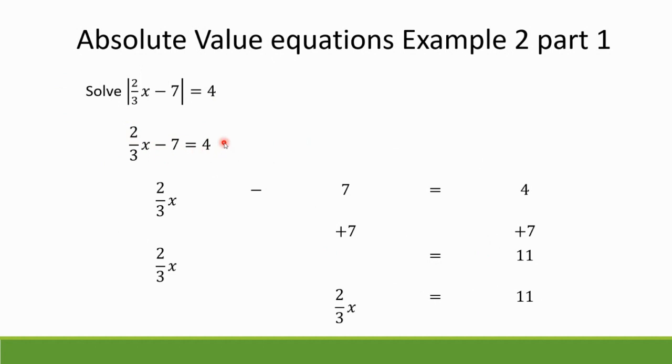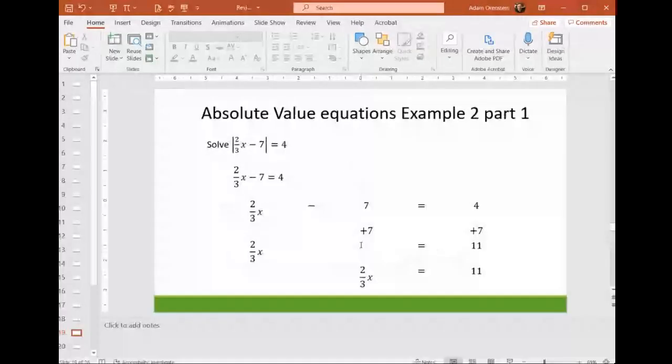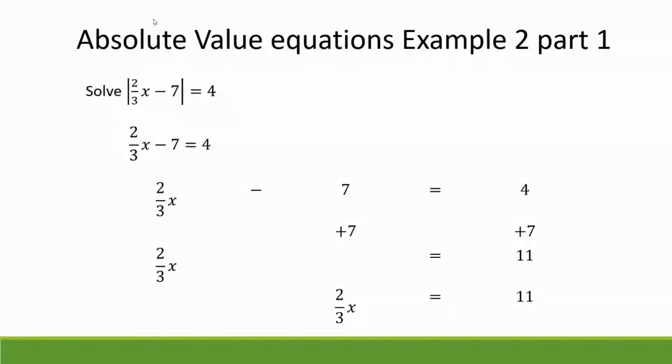So let's add 7 to both sides. That's what I'm doing. And we get 2 over 3 times x equals 11.